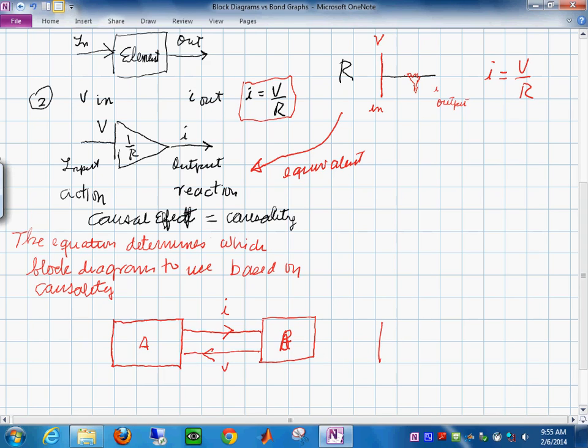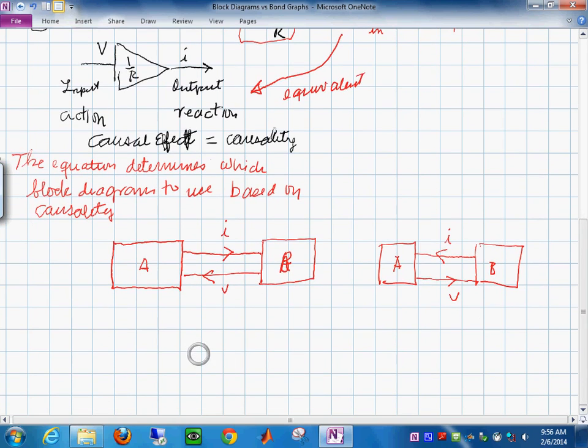On this side, if I goes this way, V goes this way. This is A and this is B. This one here is typical of where if I comes in, V comes out, would be like this.